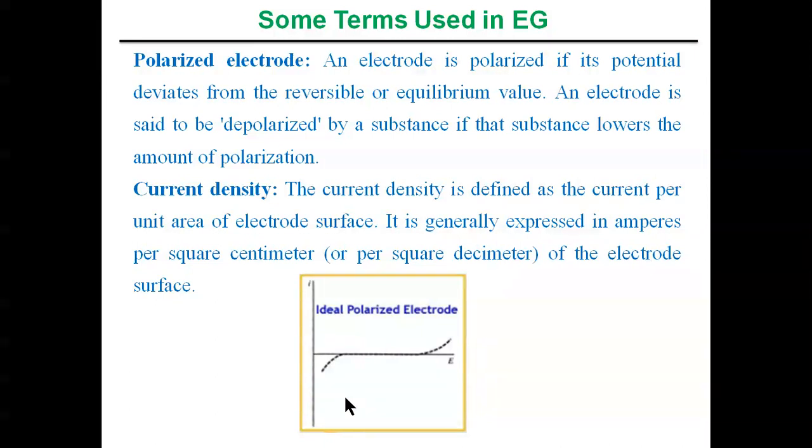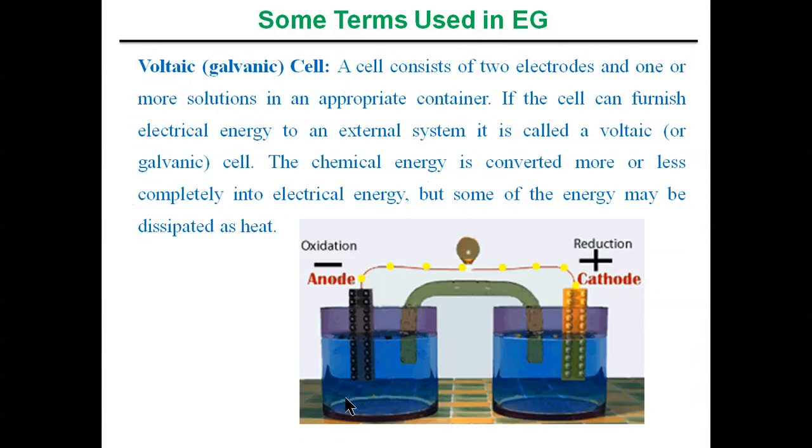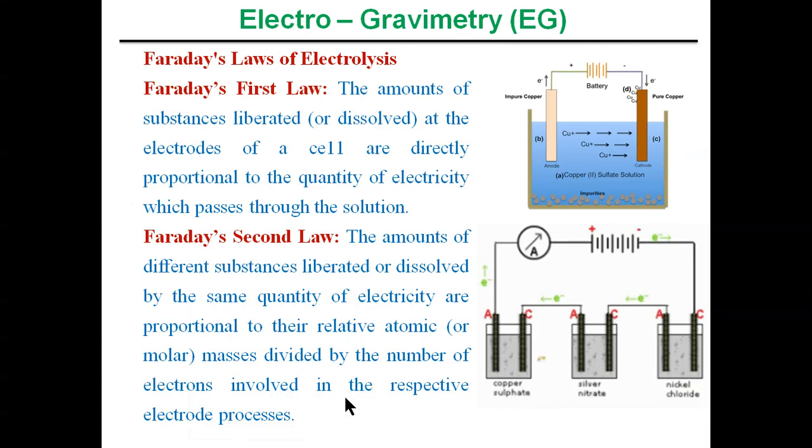Those laws are Ohm's law and the two laws of electrolysis, Faraday's first law and Faraday's second law. In Faraday's first law, the amount of substance liberated or dissolved at an electrode is directly proportional to the quantity of electricity passed.